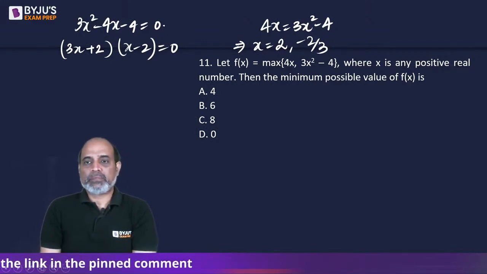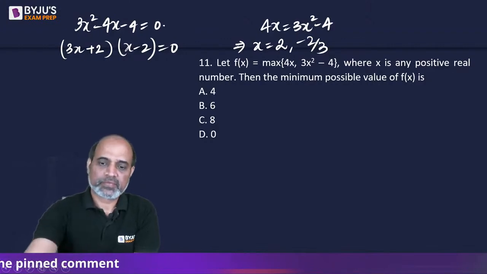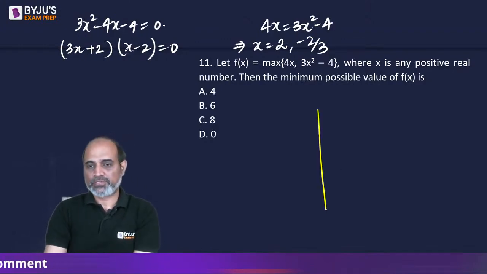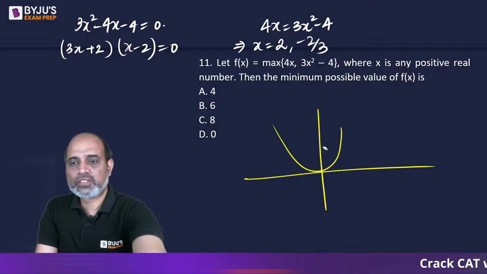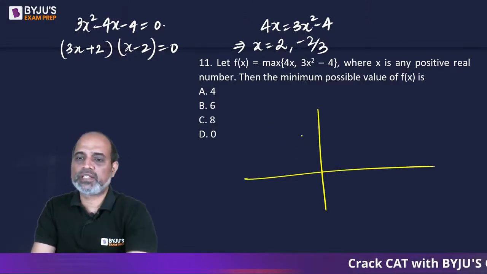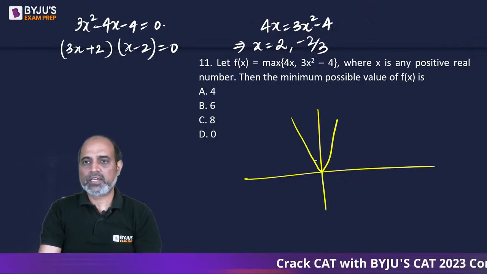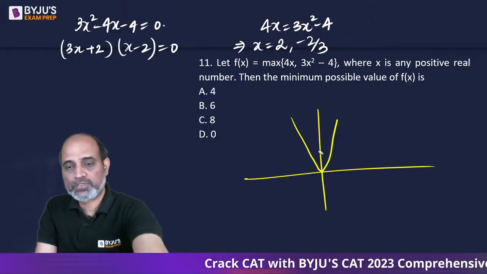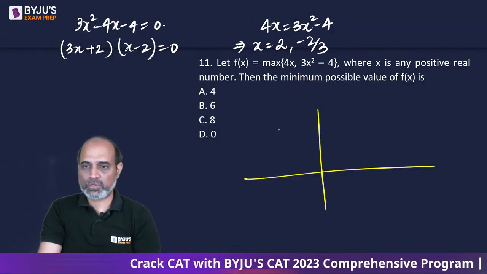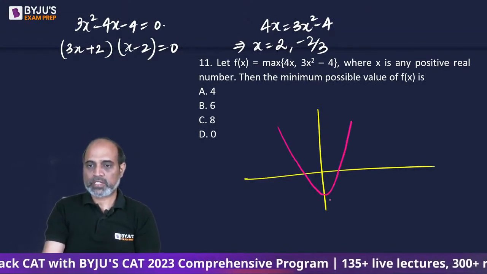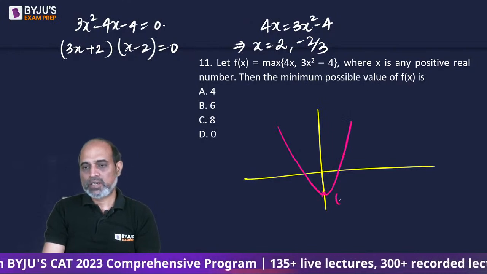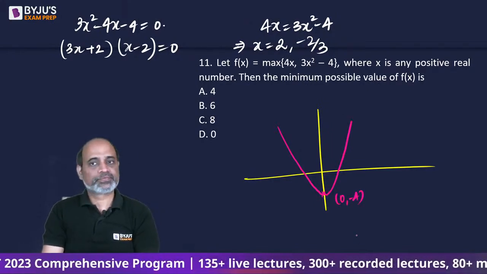Now we are looking at the max of this. I will use the graph. So x square is going to be this. 3x square is going to be a little more like this. And then 3x square minus 4 is going to be a little lower. Okay, so this point is going to be 0 comma minus 4.